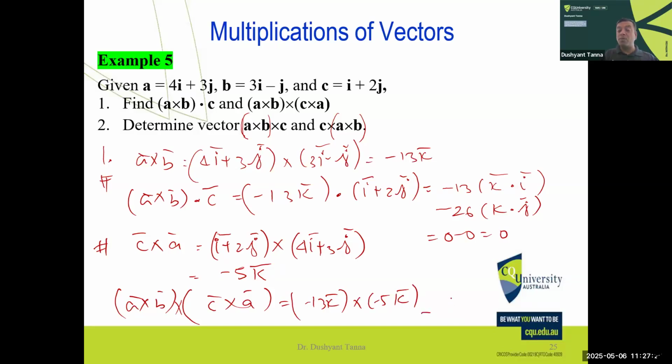So remember to write a zero vector, not just zero. With the dot product, it's a zero because the dot product output is a scalar. With the vector product or a cross product, the output is a vector. So make sure you write a zero vector. Okay, cool. So that was the first part.